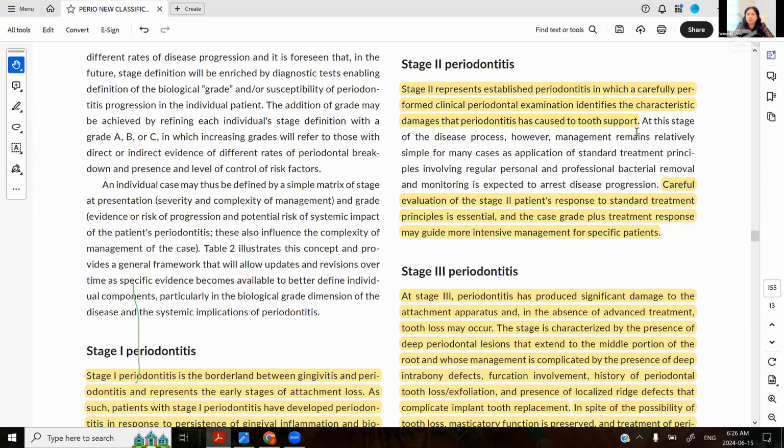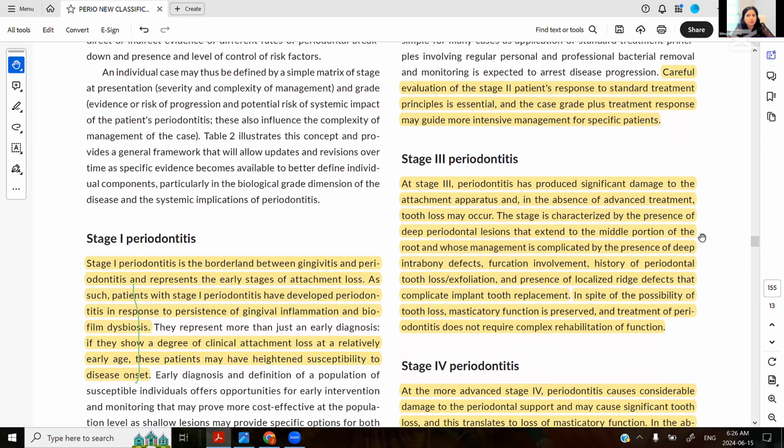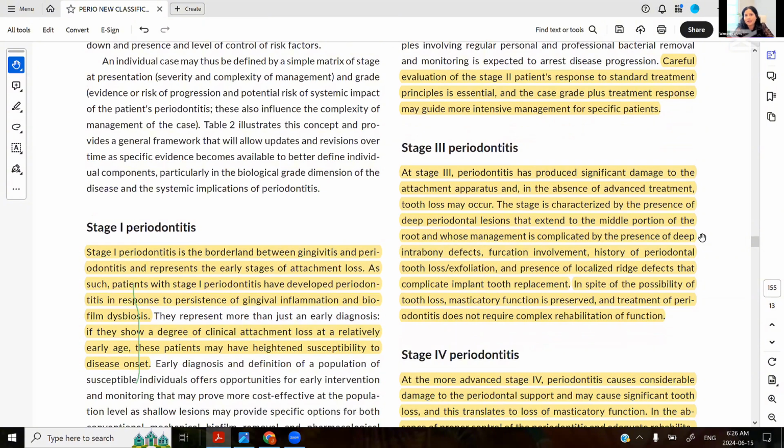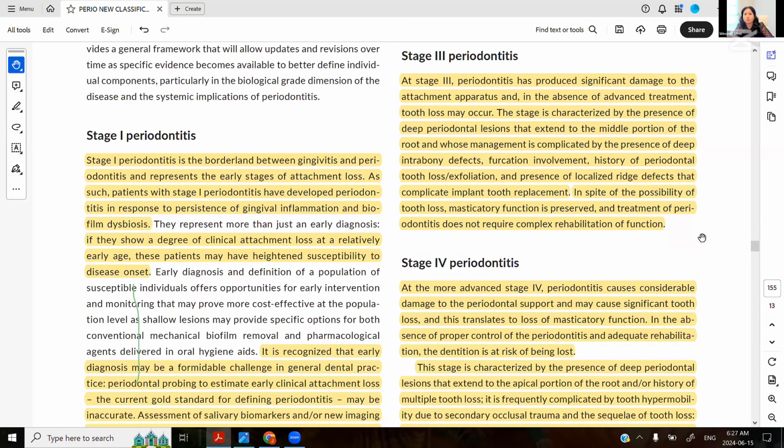You will start with the initial treatment, non-invasive treatments when needed, and then see what their response is to the modalities. Are they responding to the oral hygiene? What does their maintenance situation look like, whether they need complex treatment or not. So stage 2 also is a savable situation. With the initial therapy and the patient education and motivation, it can be controlled.